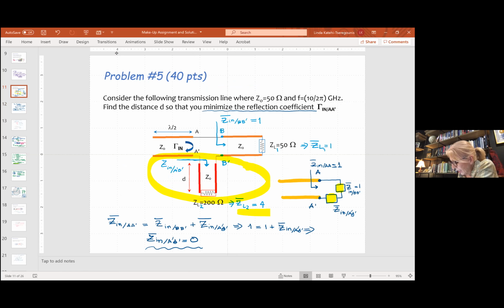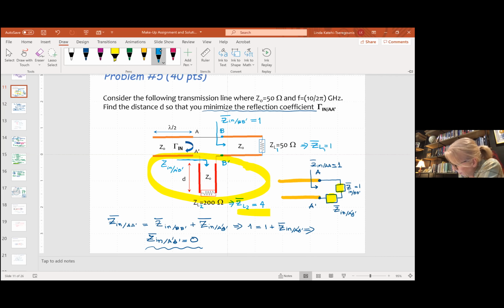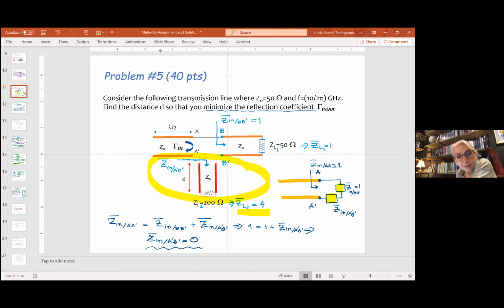If you move at a distance D, which is half a wavelength, how much is going to be the Z input at A prime, B prime, normalized? If the load normalized is 4, how much is the input impedance at A prime, B prime? Normalized, it's 4. If you move half a wavelength away, it's going to remain the same.